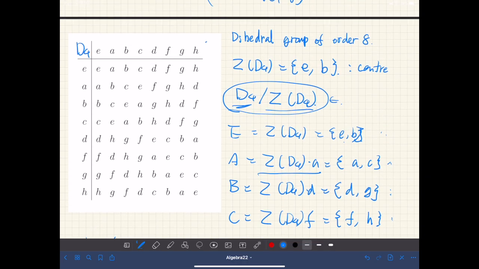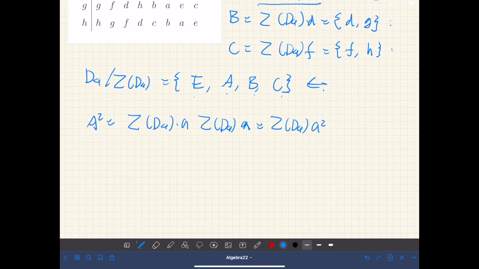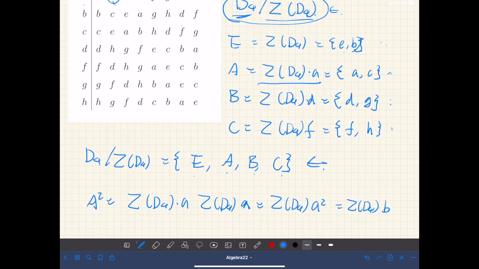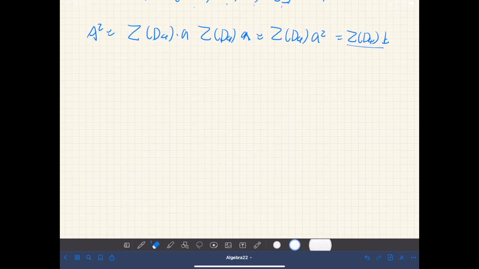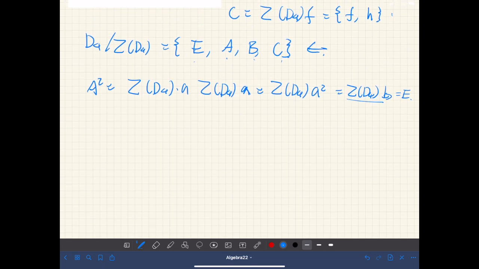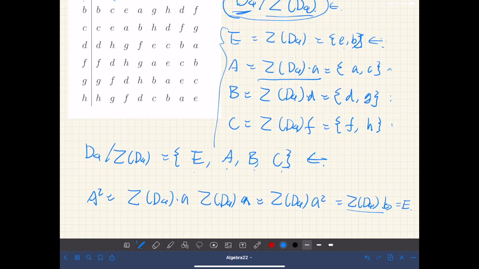And according to this table, A squared is B. So that is Z(D4)B. But this is equal to this, so this is equal to E. In this way, we can make a Cayley table for this group.